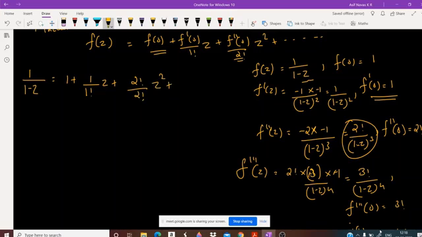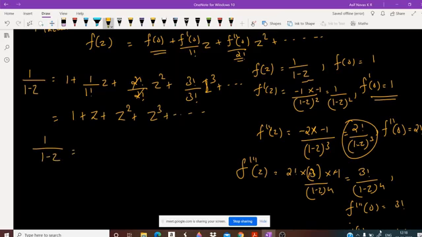Similarly, f triple dash of 0 is 3 factorial divided by 3 factorial z cube plus etc. So you will get 1 plus z plus z square plus z cube plus etc.